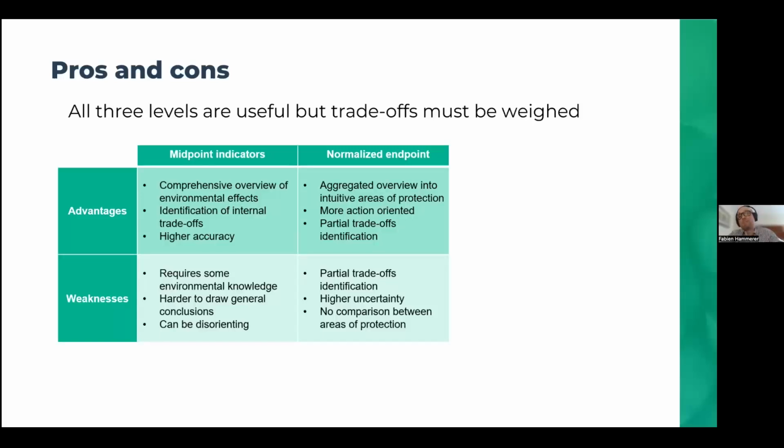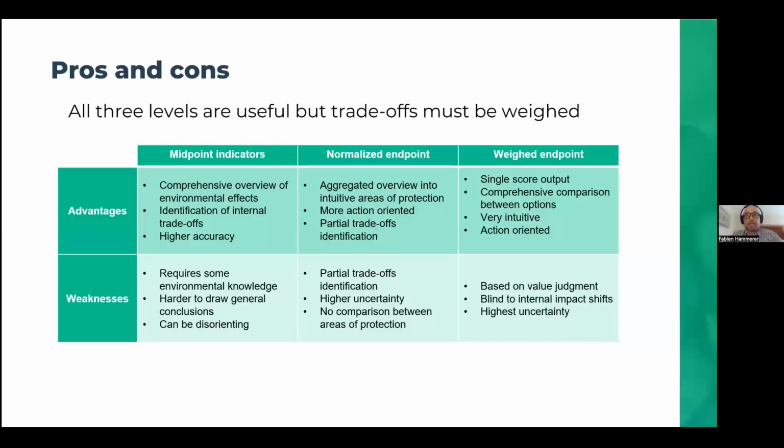In terms of weaknesses, that's one of their weaknesses exactly, that the trade-off identification is partial. You don't know in which compartment of these impact areas you're actually affecting. You have a higher uncertainty because of further aggregation, so further mathematical modeling and approximation, and you cannot compare between areas of protection. And that's where finally the weighted endpoint score comes in.